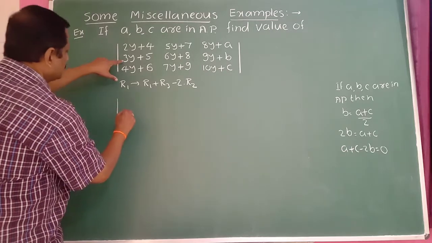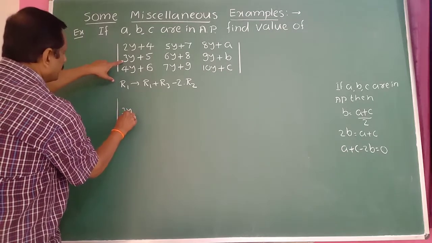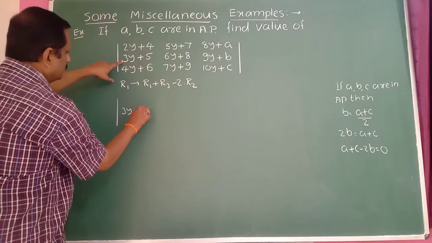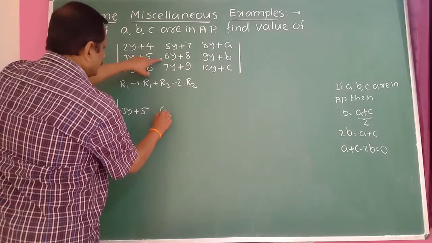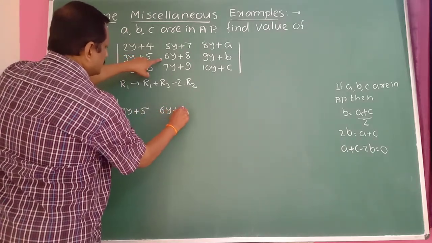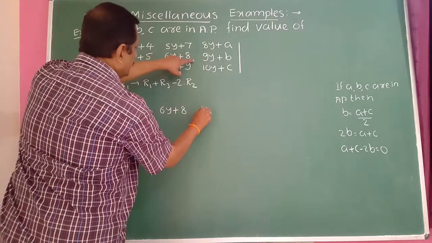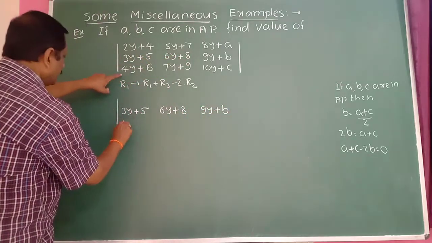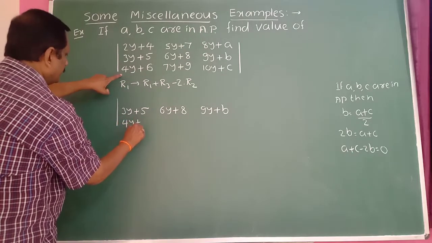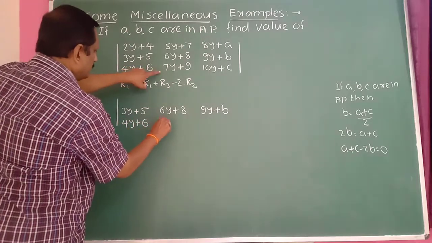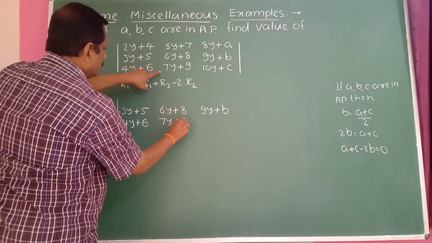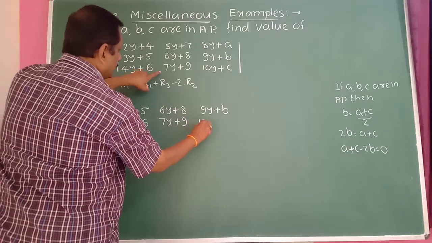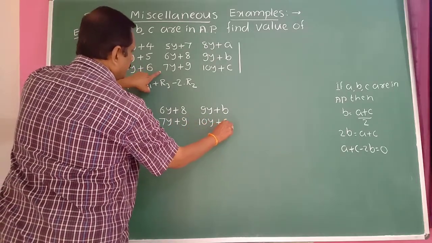So the second row elements are 3y plus 5, 6y plus 8, 9y plus b, and the third row 4y plus 6, 7y plus 9, 10y plus c.